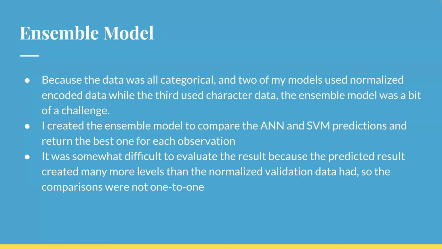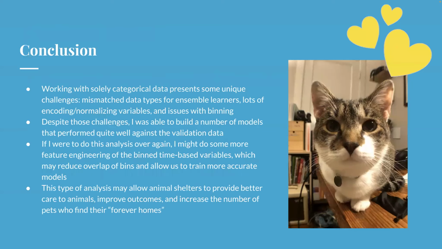It was a little difficult to evaluate the result as well, because the predicted result came out with many more levels than the validation data set with the normalization. So the comparisons weren't one-to-one. It came out a little odd, but the function did work. The output was just a little difficult to sort out.